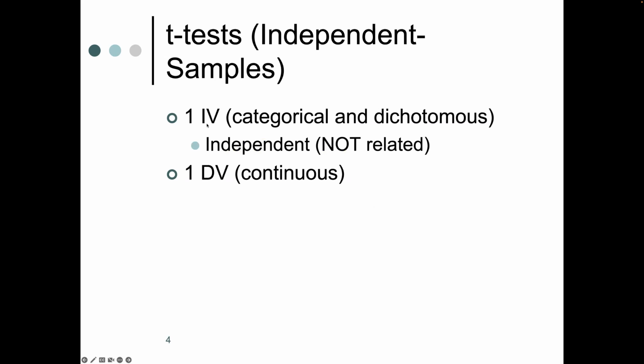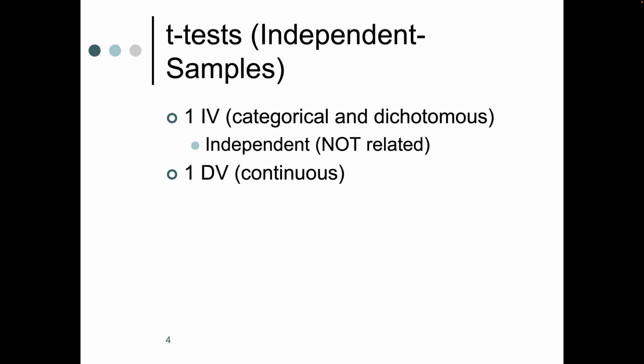So again, when we look for the nature and number of independent and dependent variables, an independent t-test is appropriate when you have one categorical and dichotomous independent variable, meaning it just has 2 levels. If you were comparing people who love sports and people who don't love sports, those are 2 levels of an independent categorical variable. They're independent because there's not a relationship between the scores.